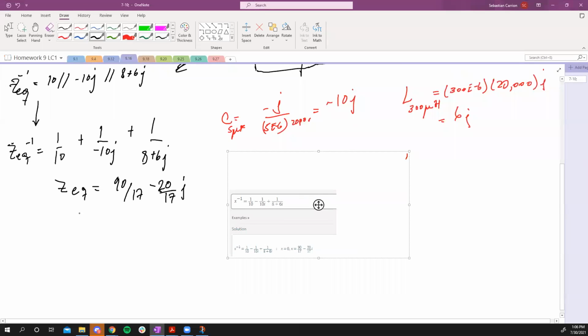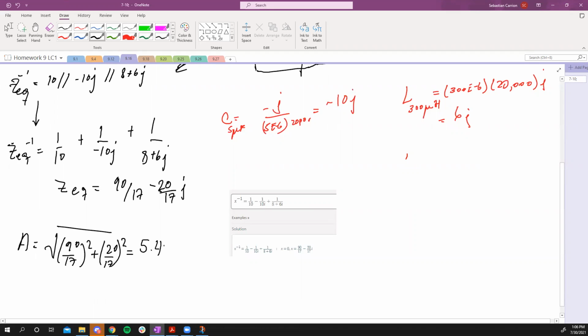Anyways, after obtaining this, we get the Z equivalent. We can go ahead and find the amplitude and the angle. The amplitude is going to be the square root of 90 over 17 squared plus 20 over 17 squared, and that is going to be 5.42326 and so on.